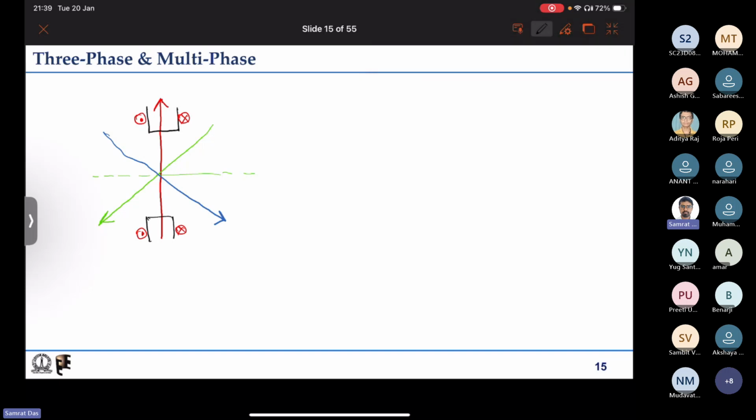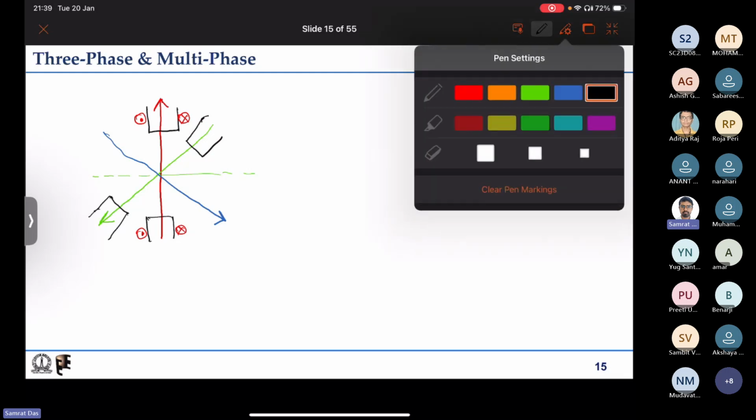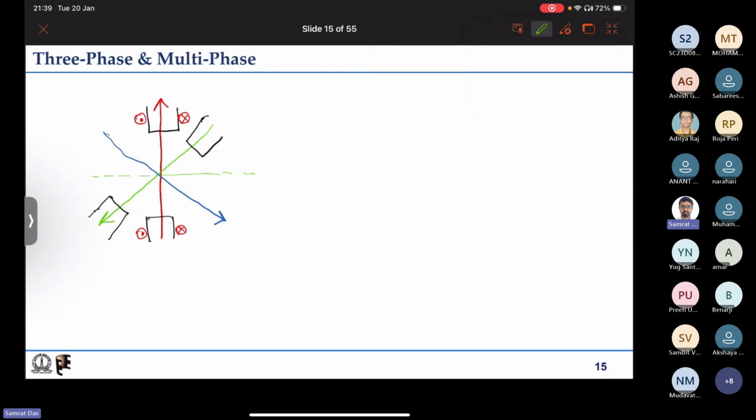Now for the second phase axis, we would create a similar structure, and in order to have the direction like this, we need to have cross here, dot here, again cross here, dot here, right? Applying the right hand rule, this is the axis of the green phase.